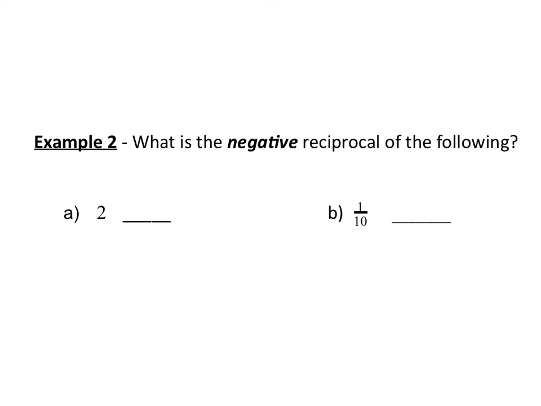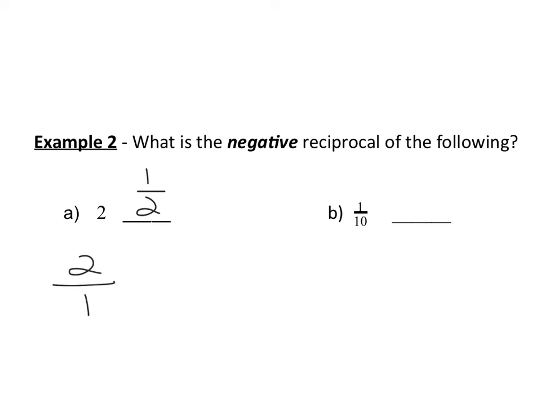So what do I mean by that? Well, let's write 2 as a fraction. 2 is really 2 wholes, so as a fraction, I could write it as 2/1. Same thing. If I had to flip this fraction, it would become 1/2.